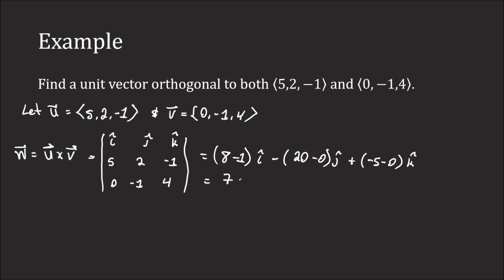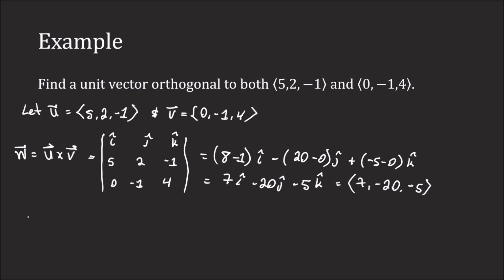So it's 7i minus 20j minus 5k. Which I'll put in component form, so we have 7, negative 20, negative 5. And this is orthogonal to u and v.